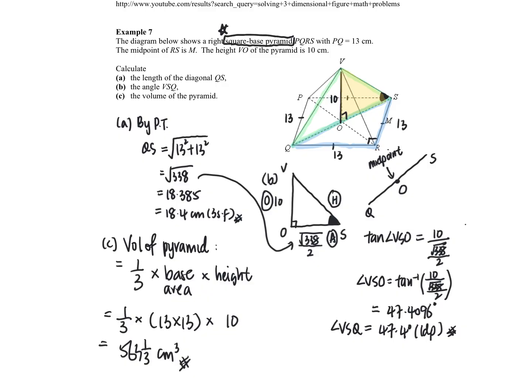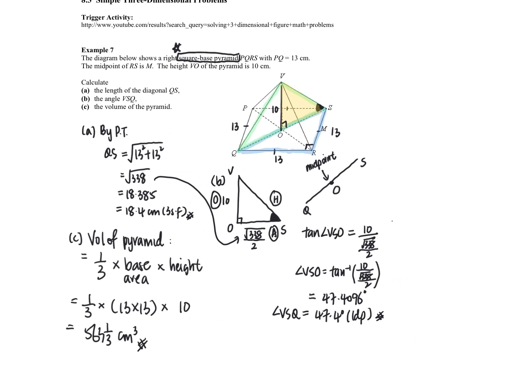Okay, it's a square base pyramid. If I remember correctly, when you were in lower sec, you were asked to find total surface area. You were asked to open up the shape and draw the net of this square base pyramid. Then you found the slant height by using Pythagoras theorem.